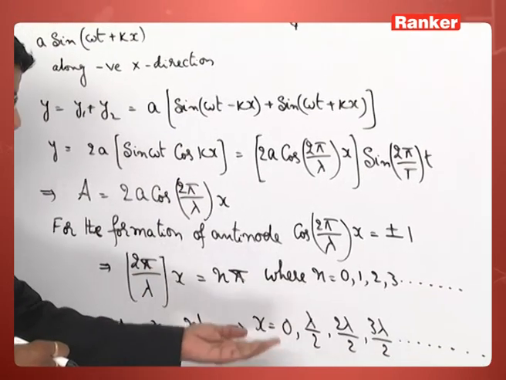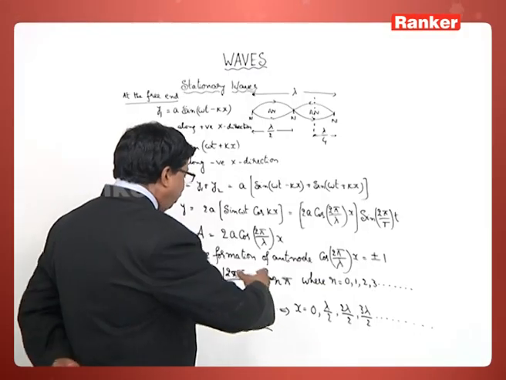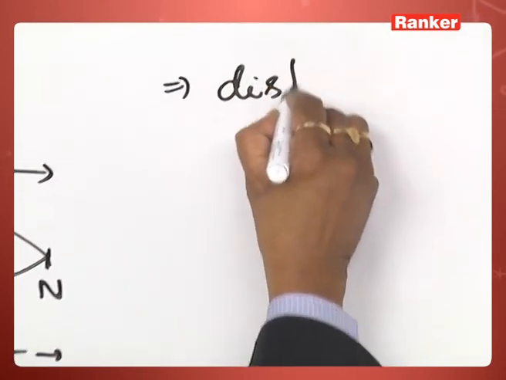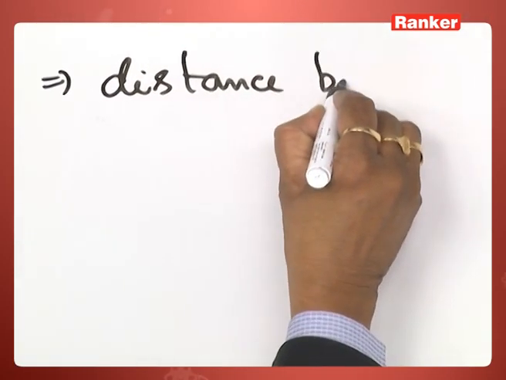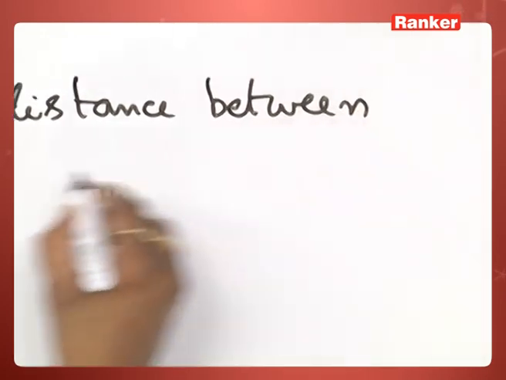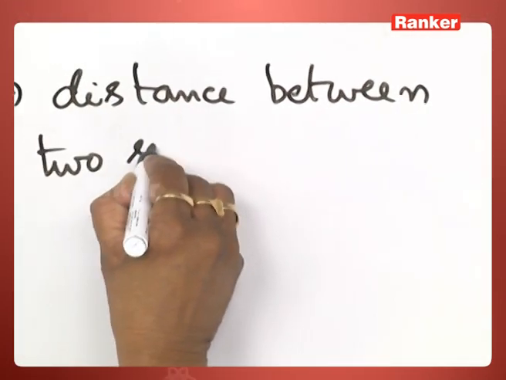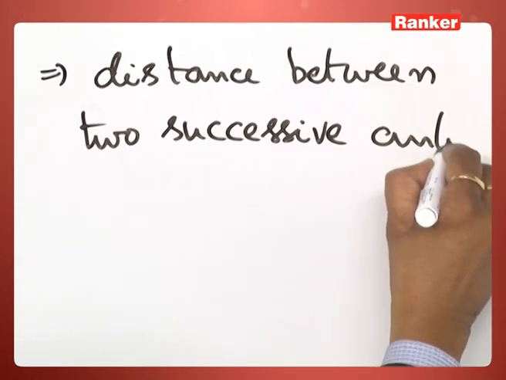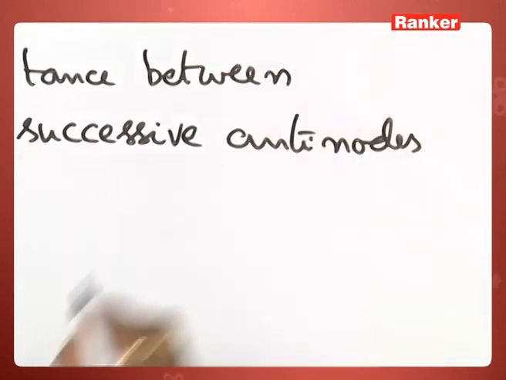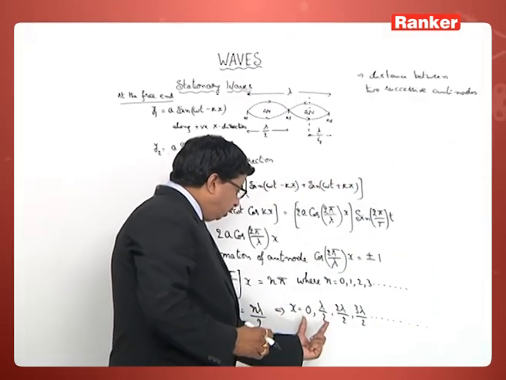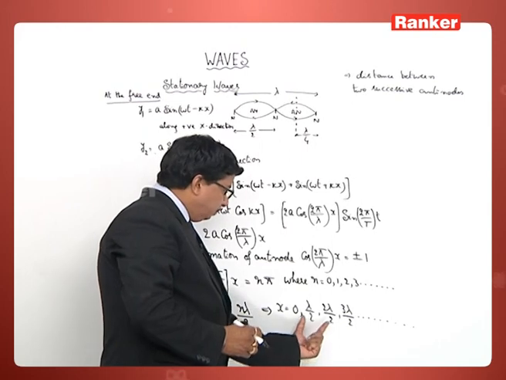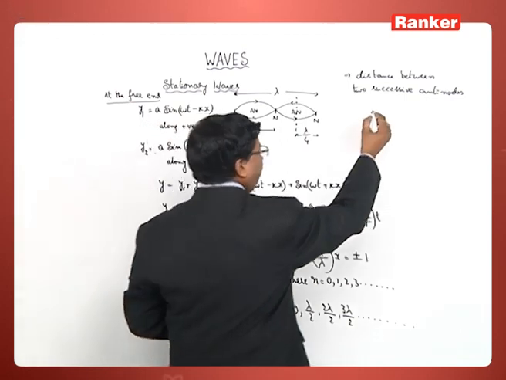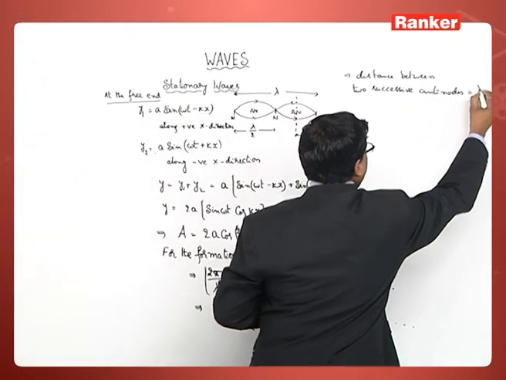Antinode of course is going to be formed at these distances, which means, can't you just understand from this, this implies the distance between two successive antinodes. How much will this be? Take either the difference between first and second, or third and fourth, any two successive numbers you take. Is it not directly lambda by 2?